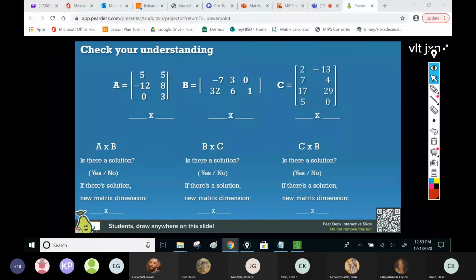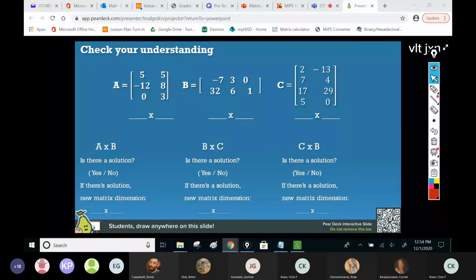Guys, make sure the order is correct, especially on the last one. Matrix C times matrix B, the order is slightly different, all right? So you got to be very careful. All right, Chevelle, you're almost done.